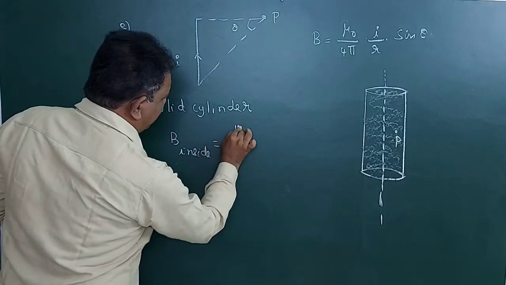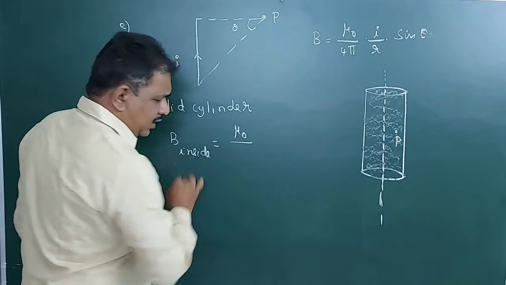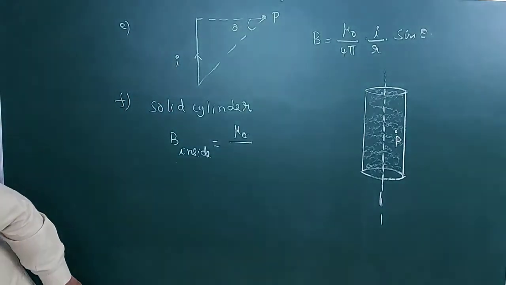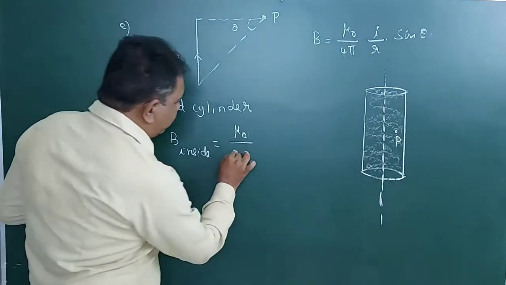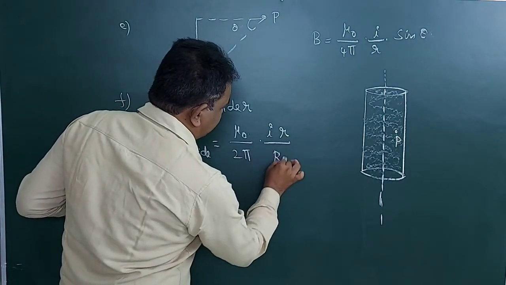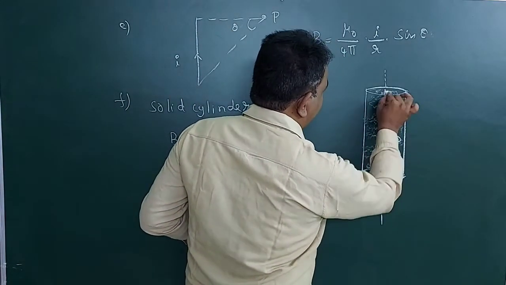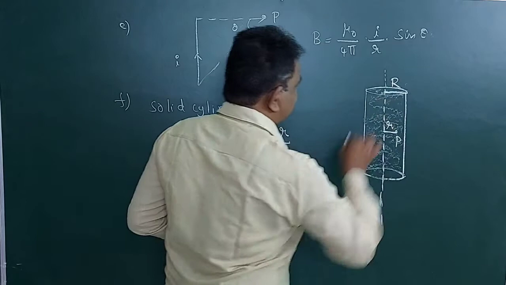What is the magnetic induction? Mu naught by 2 pi I r by R square. Capital R will be the radius, small r will be that point's distance.